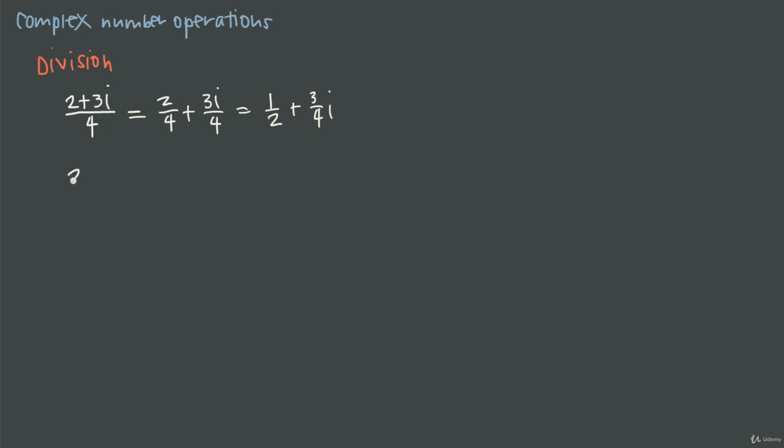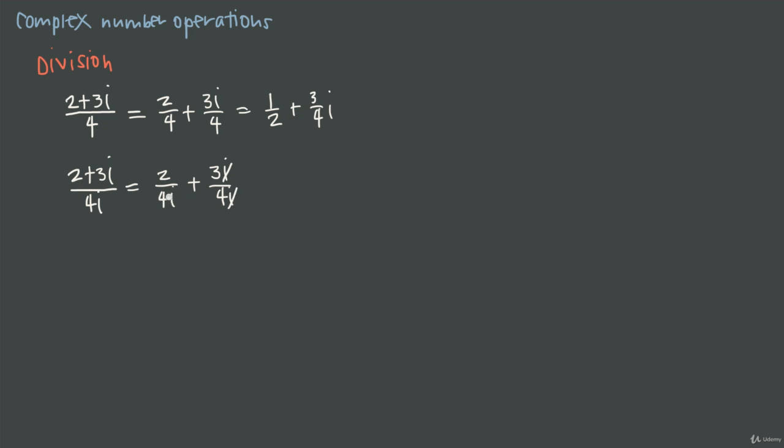It's going to be similar if we divide a complex number by an imaginary number. Let's say we divide by the imaginary number 4i. Well, same thing, we can split up the fractions. So we get 2 over 4i plus 3i over 4i. In this case, for the second fraction, we'll get i to cancel from the numerator and denominator, leaving us with just 3/4.